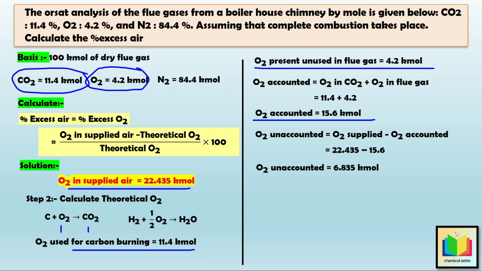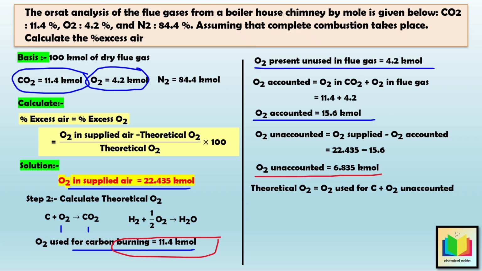So now, let's calculate theoretical O2. So the formula for theoretical O2 is equal to O2 used for C plus O2 unaccounted. So as we have O2 used for C is equal to 11.4 kilomole and O2 unaccounted is equal to 6.835 kilomole.